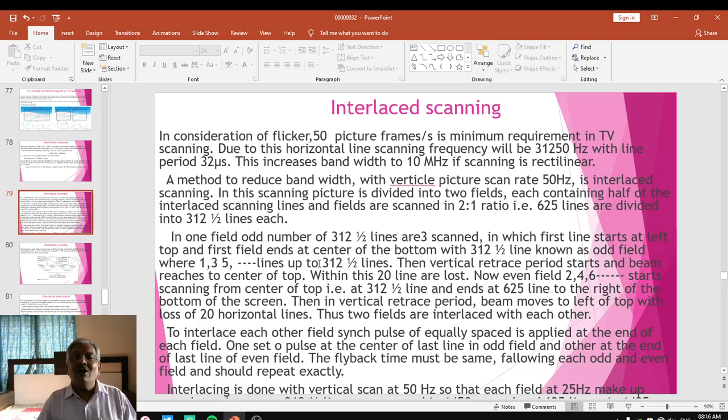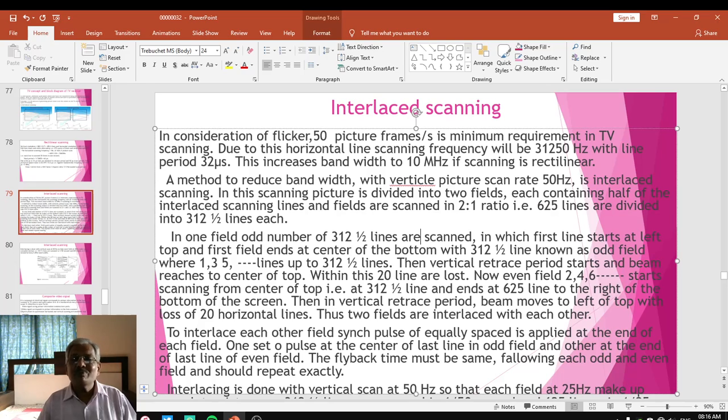In one field, the odd 312.5 lines are scanned, in which the first line starts at the top left of the screen, goes to the right, returns to the left, and at the 312.5th line, the beam or spot reaches the center of the bottom of the screen.